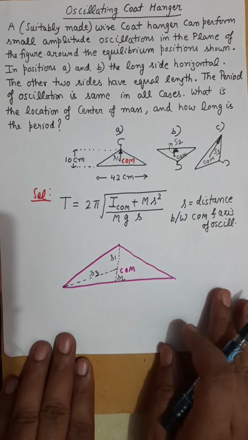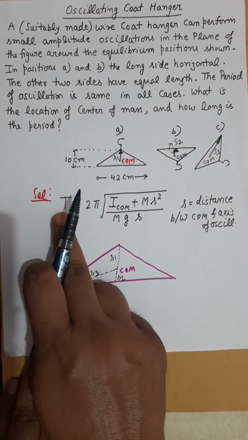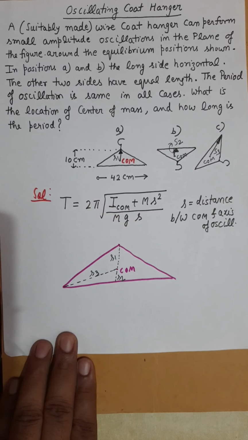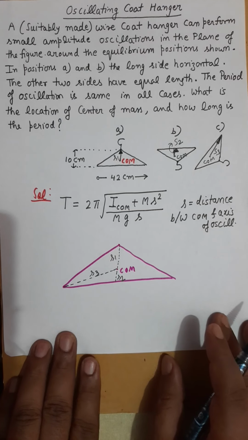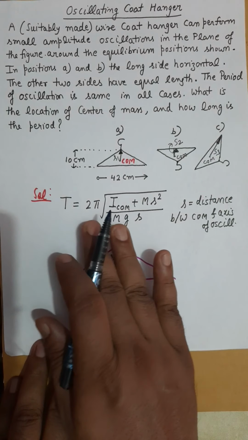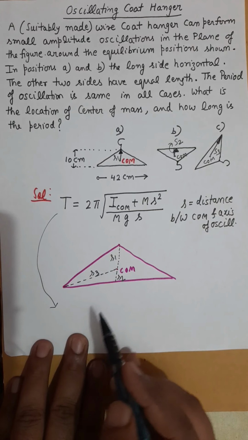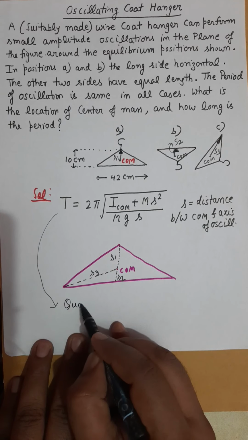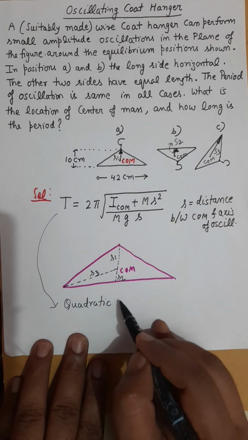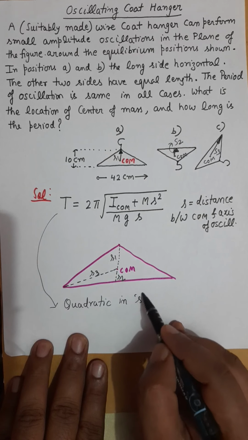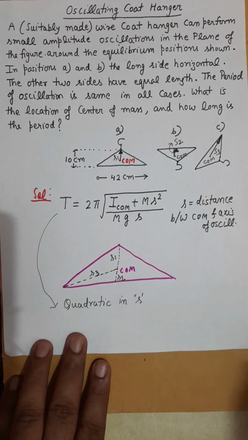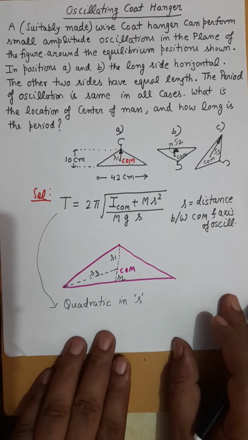Now comes mathematics. If you square on both sides and simplify it, you will get a quadratic equation in the variable capital S. And if it is a quadratic equation in the variable capital S, it can have a maximum of two distinct values.